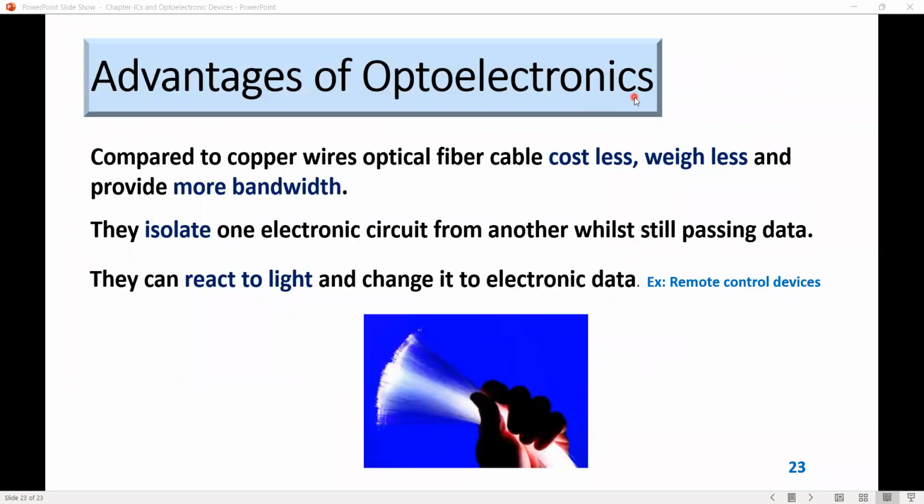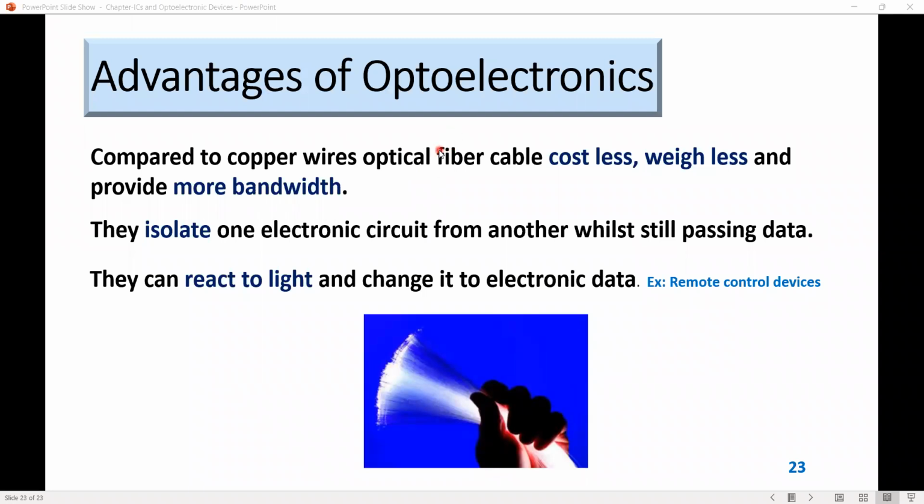Advantages of optoelectronics now. Compared to copper wire, optical fiber cables. Have you heard about this name, optical fiber? Maybe you are using internet at your home. The signals which travel in these optical fibers are basically light, laser signals.